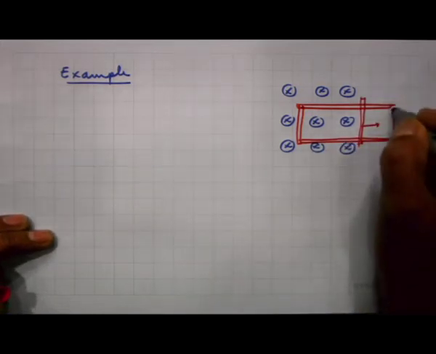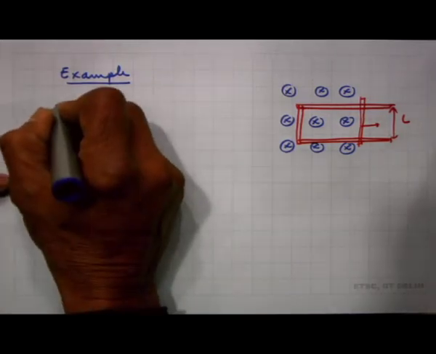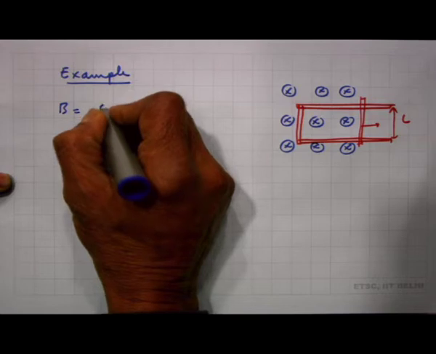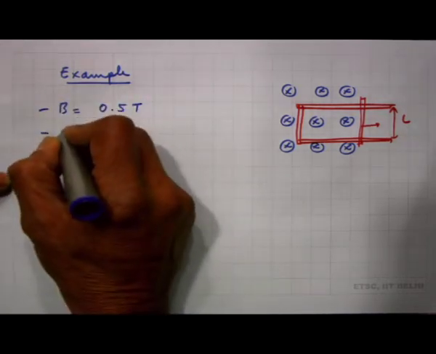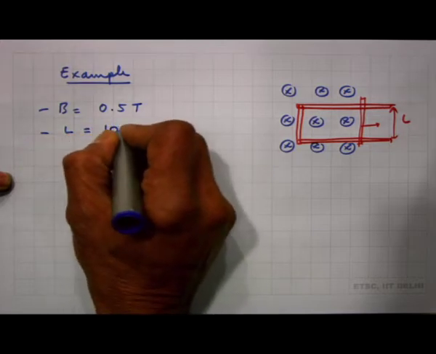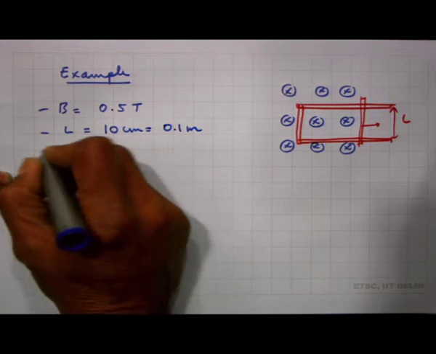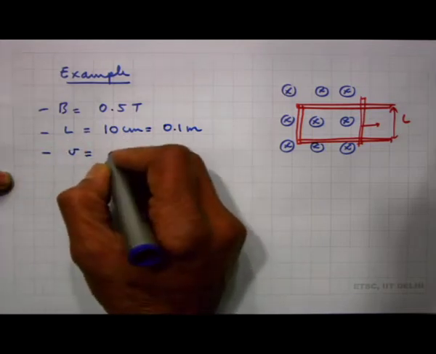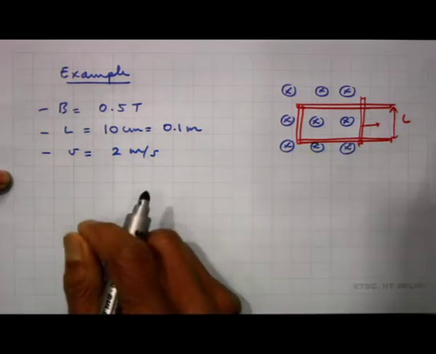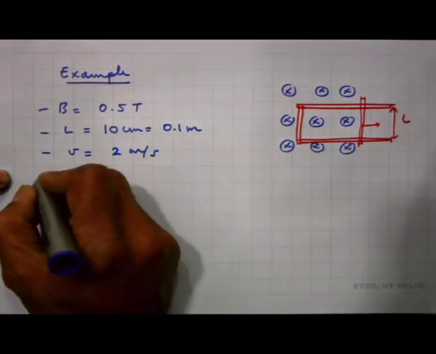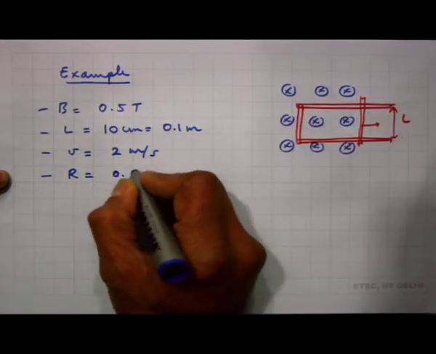And this distance is L. So, let me as an example take a magnetic field B of 0.5 Tesla. Let me assume a length L of 10 centimeters, which is 0.1 meters. Let me assume a velocity of this to be equal to 2 meters per second. Suppose I am trying to pull it at the rate of 2 meters per second, and let me assume the resistance of this loop is 0.05 ohms.